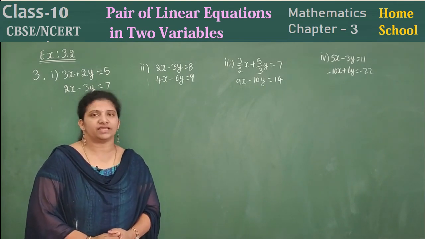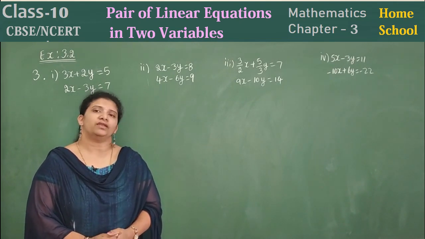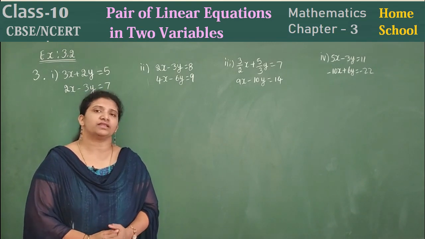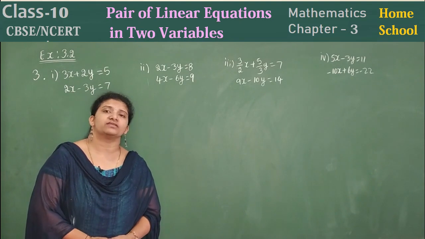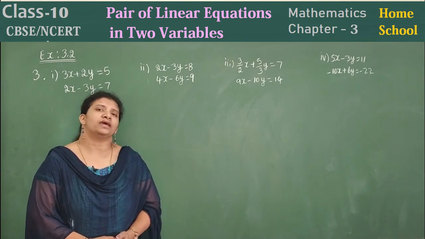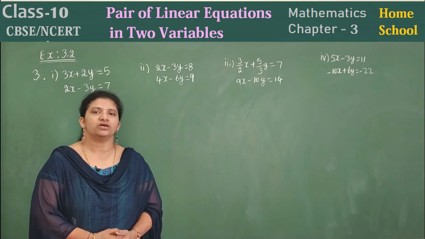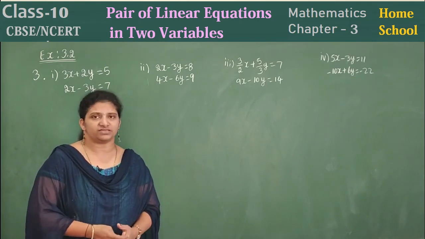If a1 by a2 is equal to b1 by b2 is equal to c1 by c2, then the two lines are overlapping. Overlapping means the two lines are coincident. At that time, there will be infinitely many solutions. So when they have many solutions, they will be consistent.